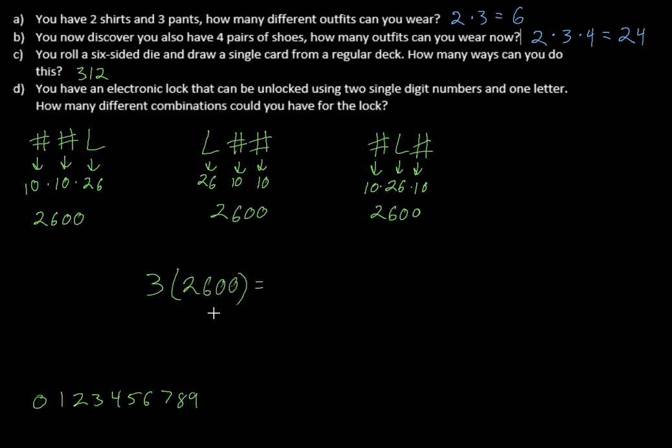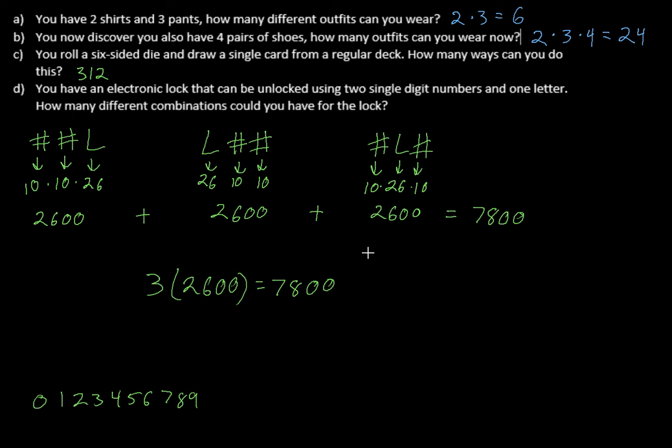And that would give us our answer, which we could do in our heads if we wanted to. 26, and then tack on 2 more zeros at the end, times 3 is going to give us 7,800. 7,800 different combinations. Now again, we were able to do that because all of these had the same number to them. But if we had different possibilities for it, we would end up having to add them together, which again would give us that 7,800.